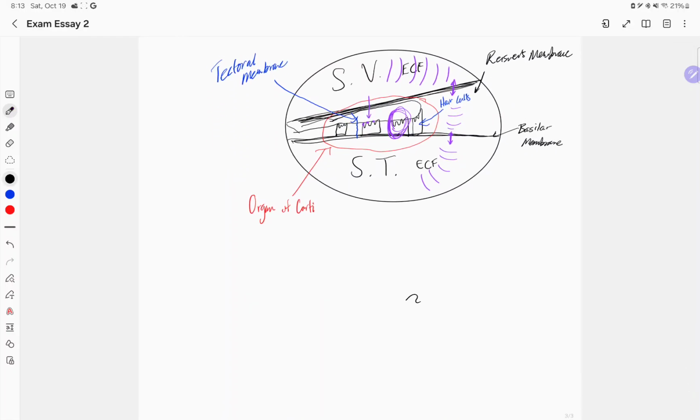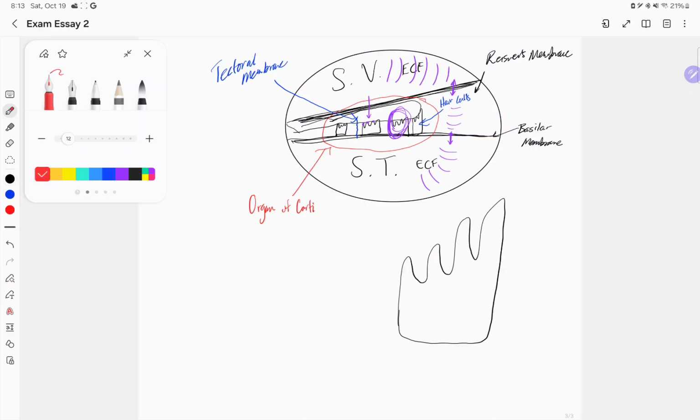See if I can kind of draw this out for you. So you have this potassium channel, right?